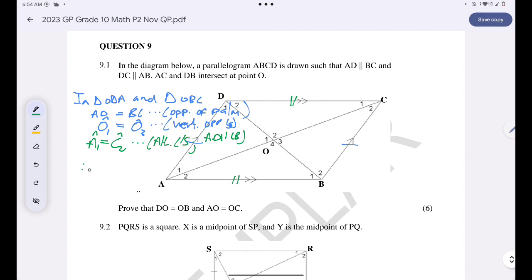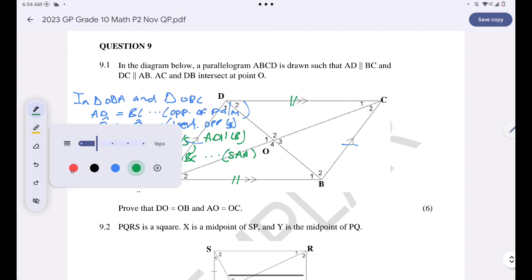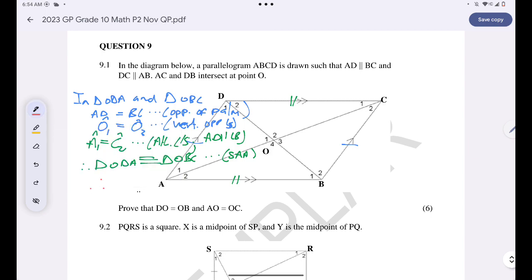So I can therefore state that triangle ODA is congruent to triangle OBC. Why? It's side, angle, and angle. Are you together? So if these two are congruent, I am safe to conclude, let me write the conclusion in red, therefore OD will be equal to OB.